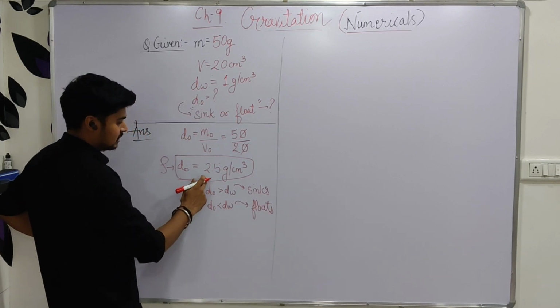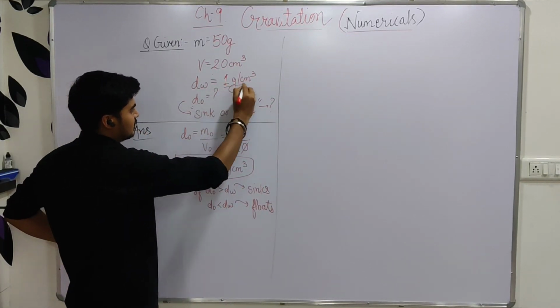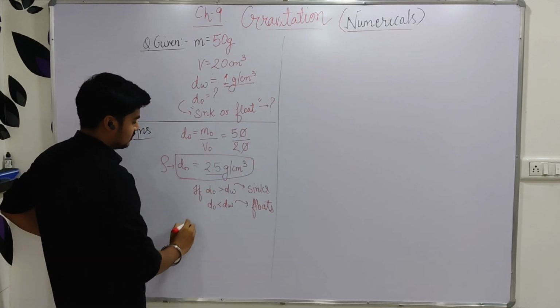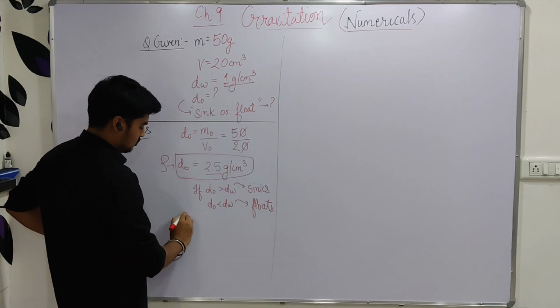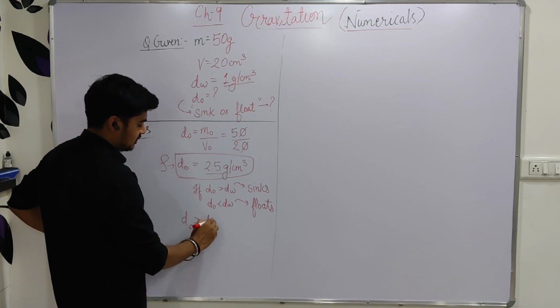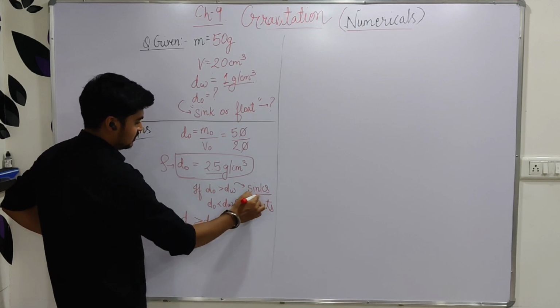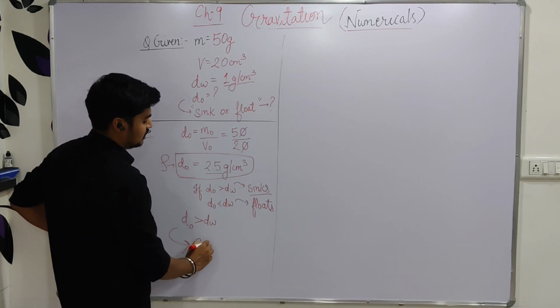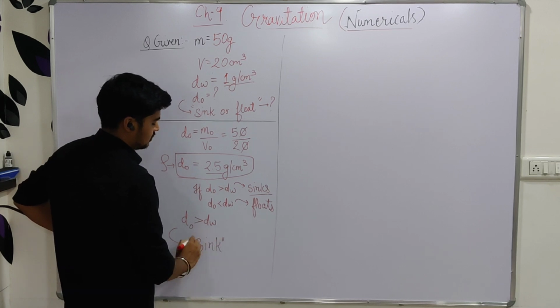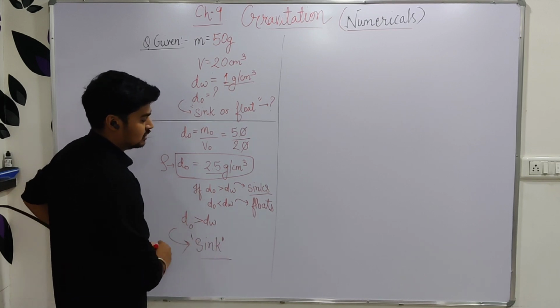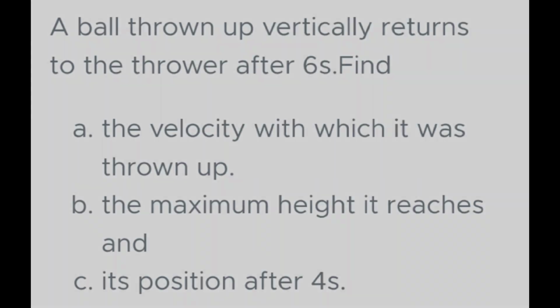Okay, check. Density of water is given as 1 gram, and we got the density of the object as 2.5. So the density of the object is greater than the density of water, which means the object will sink. That's how you can check whether the object will sink or float.